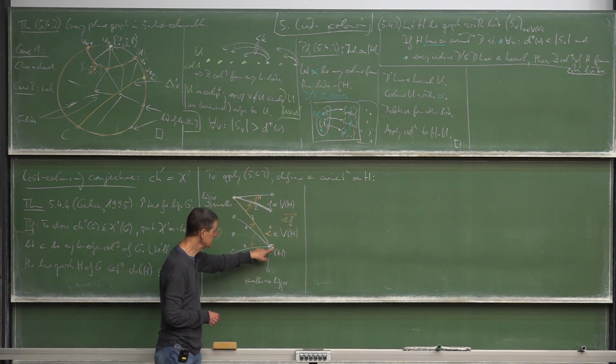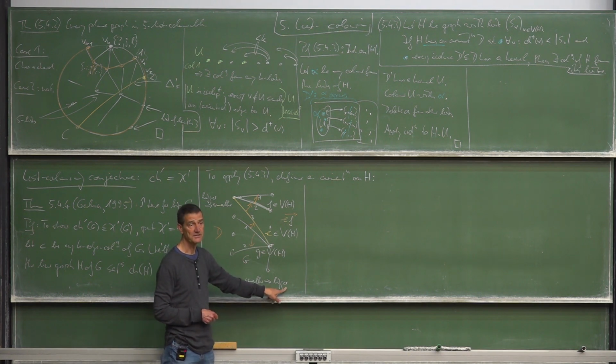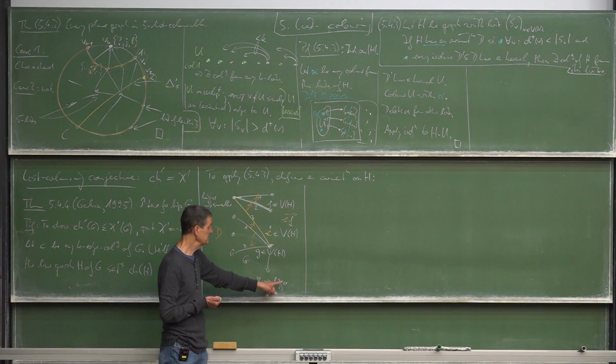If they meet on the right, and E meets some edges on the left and some other edges on the right, they go to other edges of G that have a bigger color. These are two disjoint sets of colors from a set of k colors. And these colors are all distinct here. The bigger ones are all distinct because they're all adjacent.